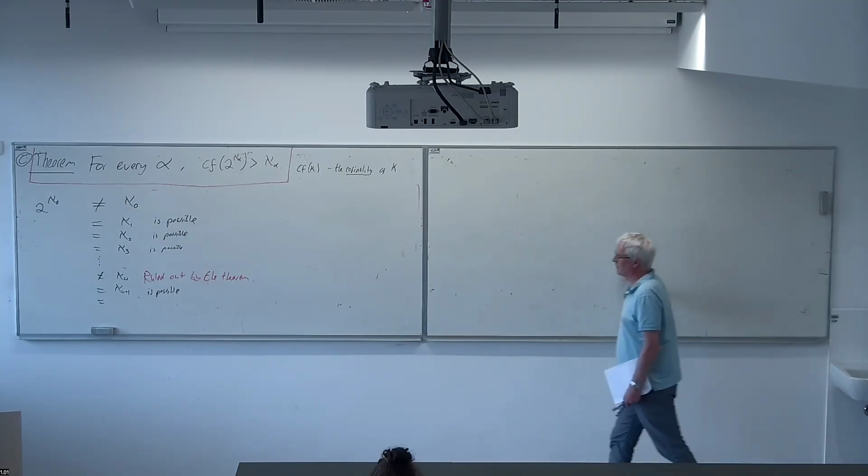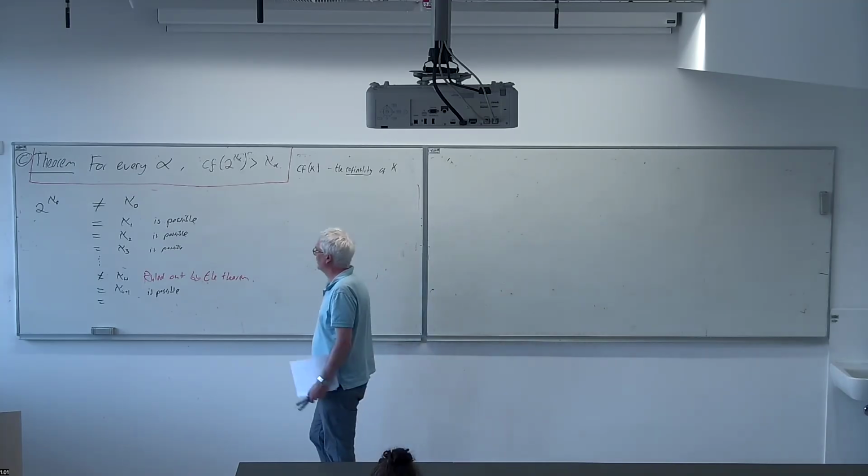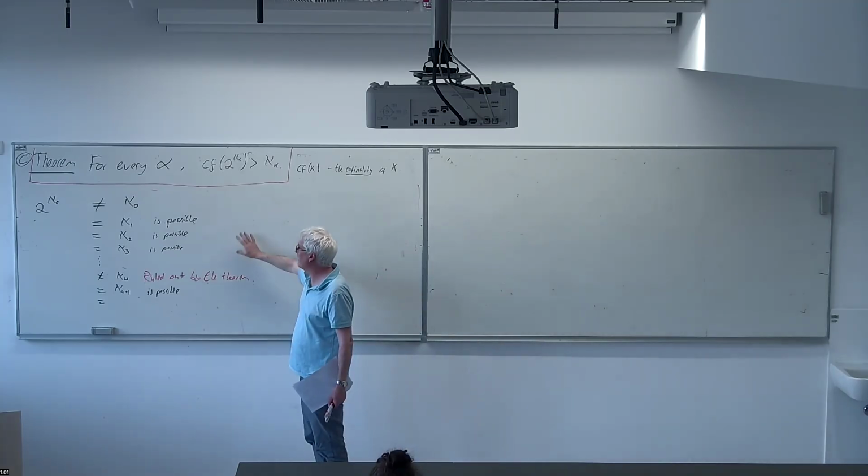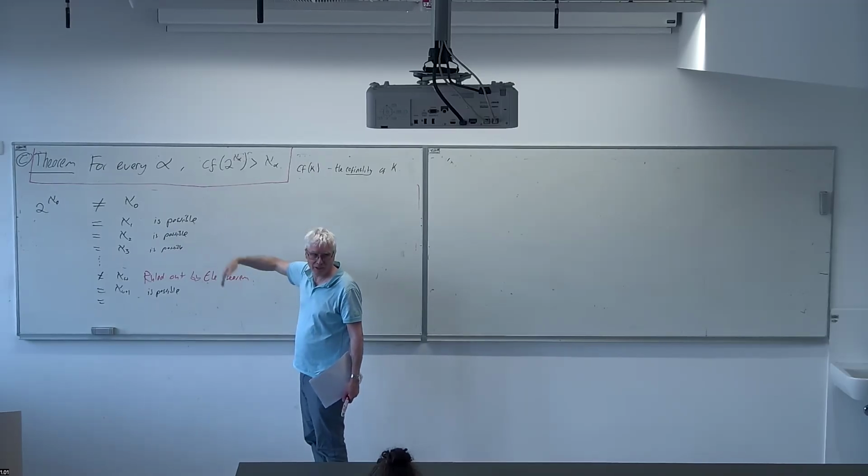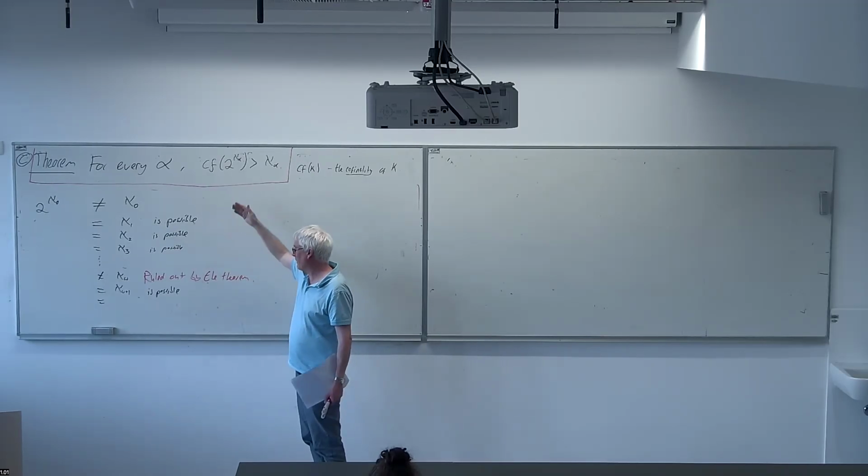By the way, my take on this is, you're trying to answer a question about whereabouts the continuum lies in this hierarchy of alephs, which are like the well-orderable cardinalities.